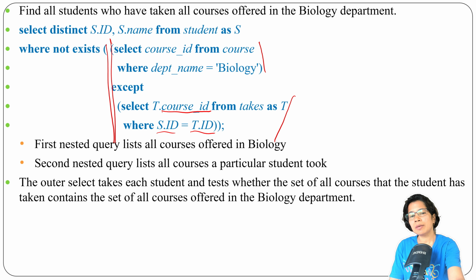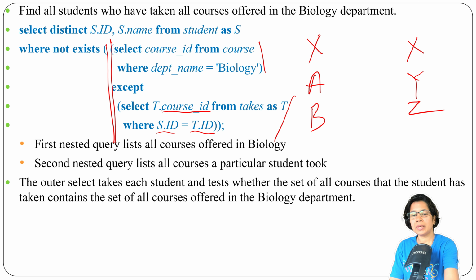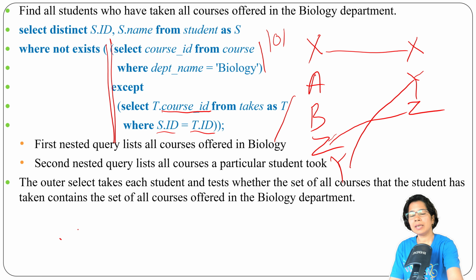Suppose the biology department offers courses X, Y, Z and the student takes courses X, A, B, Z, Y. Suppose this is some student with ID 101. Now it will match. Does the student take the courses offered by the biology department? Yes, X, Y and Z match.